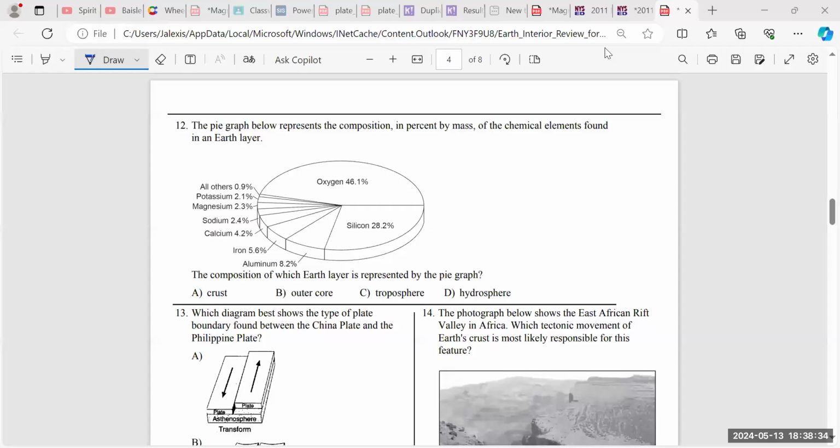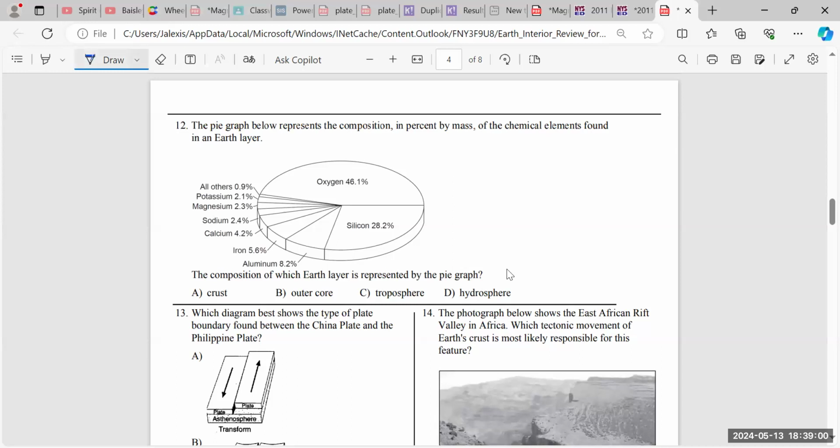All right, number 12. Number 12 says the pie graph below shows the composition, in percentage by mass, of the chemical elements found in an Earth layer. And they give us the pie chart below. The composition of which Earth layer is represented by the pie graph? All right. So number one, I'm going to look at the top two elements.